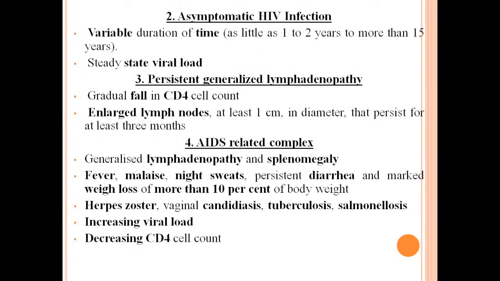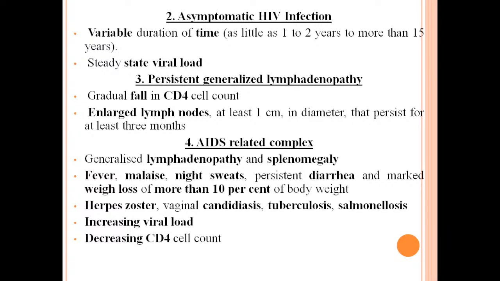The second stage is asymptomatic HIV infection, when a variable duration of time is present. It's as little as 1 up to 2 years to more than 15 years. Steady state viral load means massive replication of virus in the bloodstream.